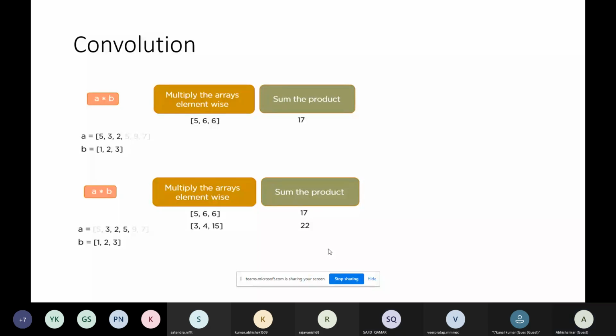So you calculate it and let me know. Next, which elements are we going to take? 2 5 9 is going to multiply with 1, 2 and 3. How much will it come? 39. Okay, so you just complete this task.